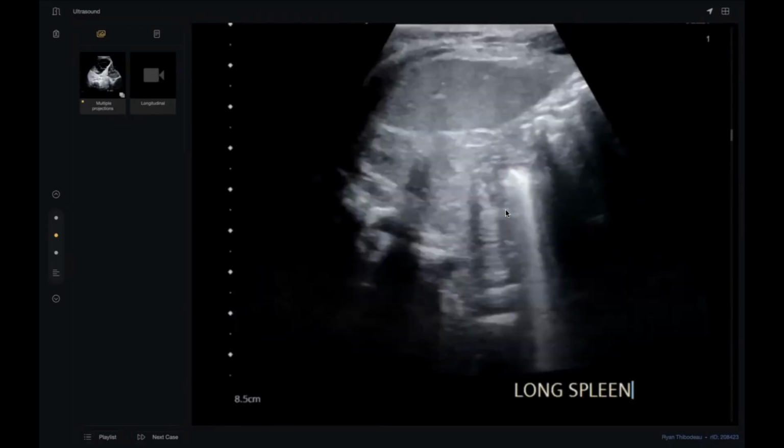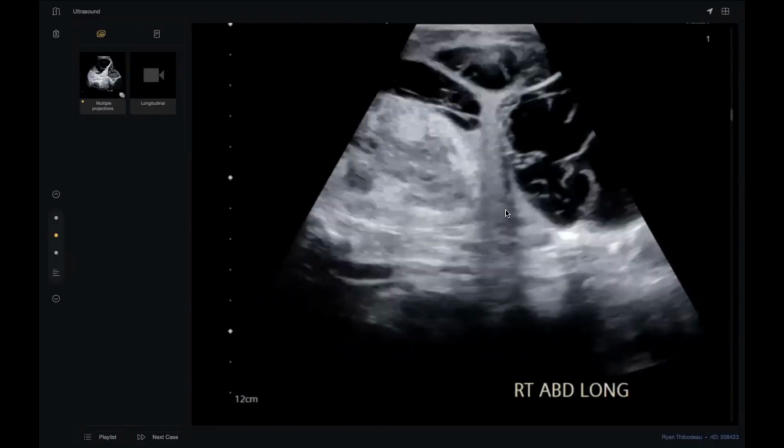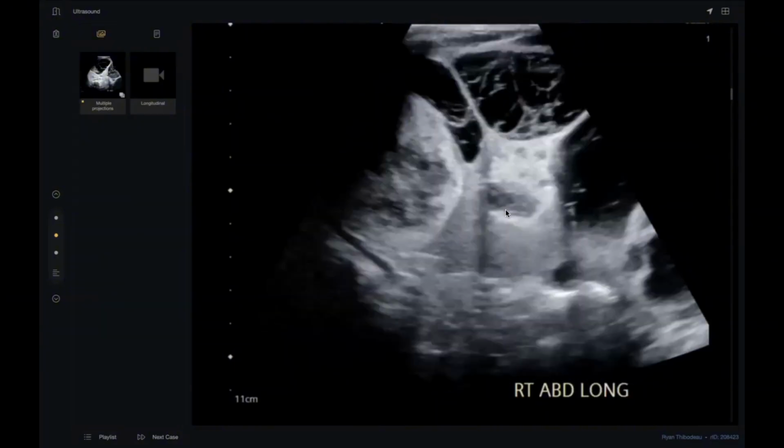Okay, conclude what you see. Okay, as I could not see the outline of the right kidney, likely this is originating from the right kidney, multiloculated cystic nephroma in this case. Other differentials would be cystic Wilms tumor, or less likely neuroblastoma.